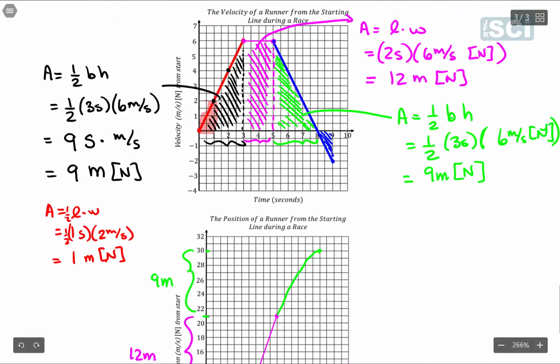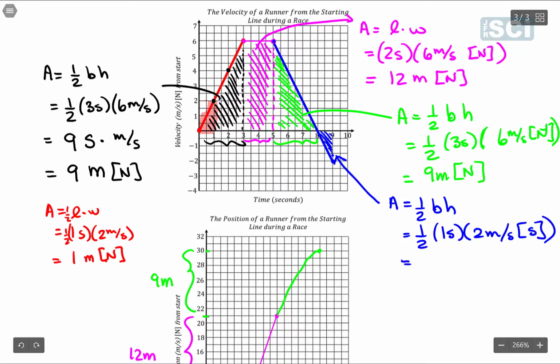Now in the last section, blue, again, it's a triangle. So area is 1/2 the base times the height. 1/2 the base, which is 1 second, times the height, which is 2 meters per second. And in this case, it's south, which means that I'm now going to decrease my position.